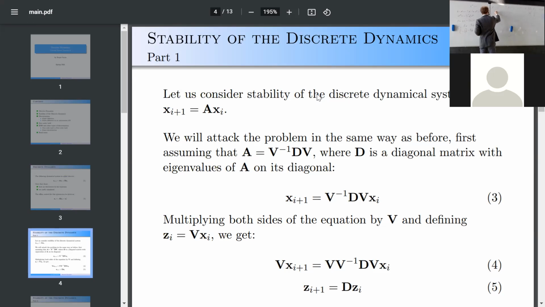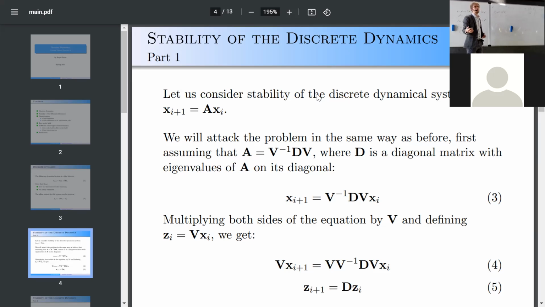So my equation is x sub i plus 1 is equal to A times x sub i. Okay? And I want to discuss stability. What is stability? Stability for this system is convergence to 0. Basically, I want to find out if it converges to 0 from any initial condition or not.